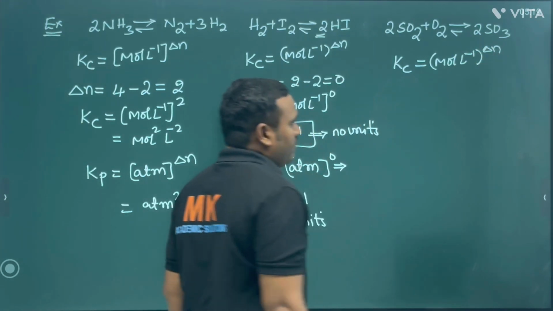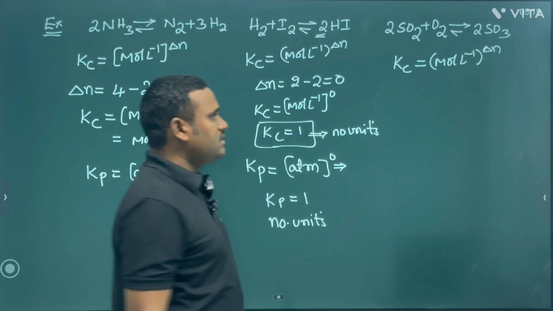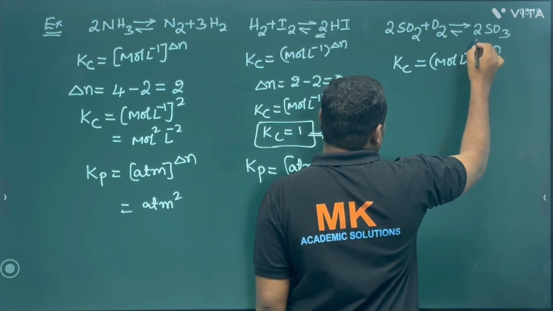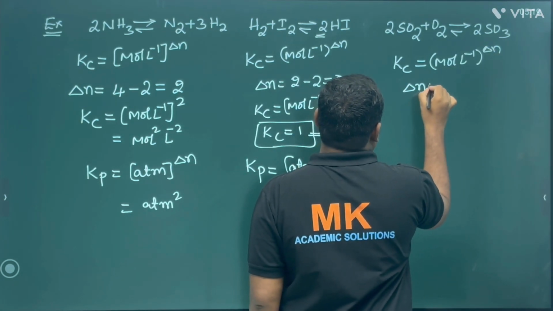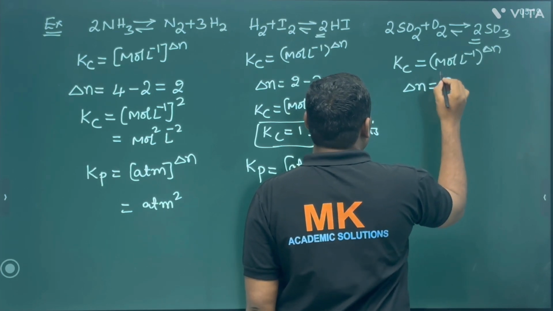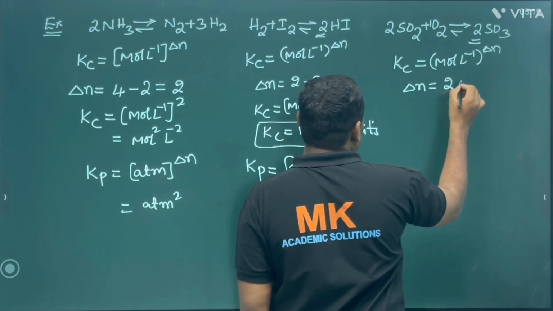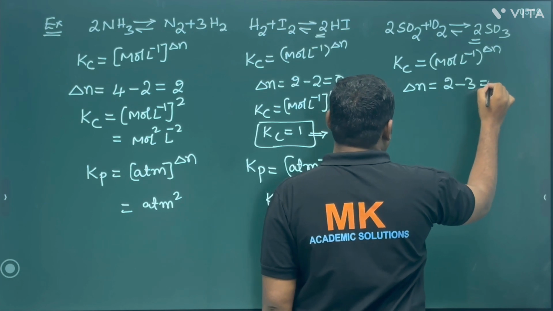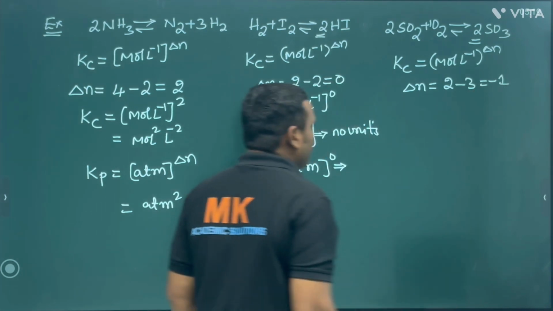So here what is the delta n value? Delta n is equal to the number of moles of products, how many? 2. Number of moles of reactants, 1 and 2, total 3, so 2 minus 3. So here minus 1. Okay.